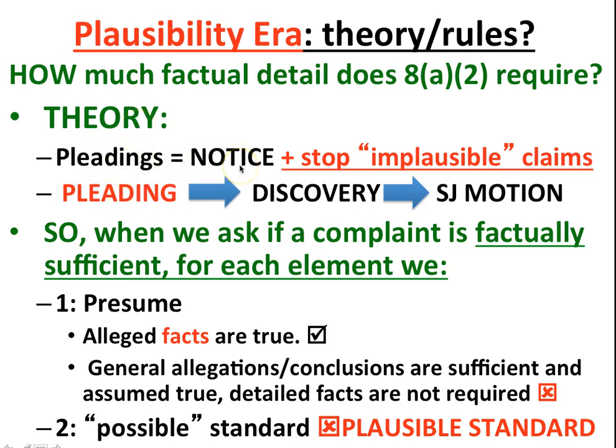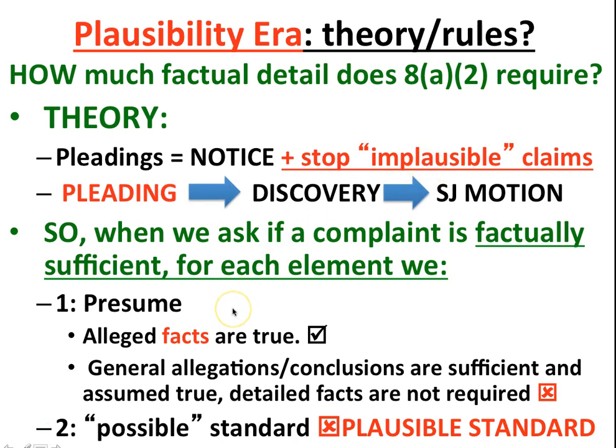Not only should they give notice to the defendant, but pleadings should also serve to weed out implausible claims. So we expect the pleading stage to have more factual detail so that we can get rid of implausible claims.